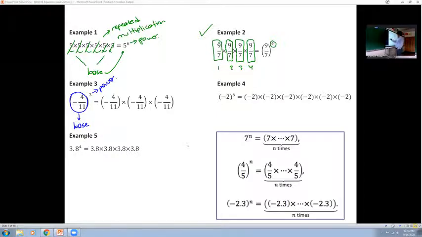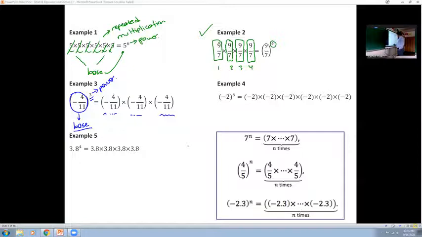So let's look at the base now. The number repeated is always the base, right? So here, negative 4 over 11, negative 4 over 11, negative 4 over 11. How many times is it repeated? 3 times: 1, 2, 3. That's what it means.